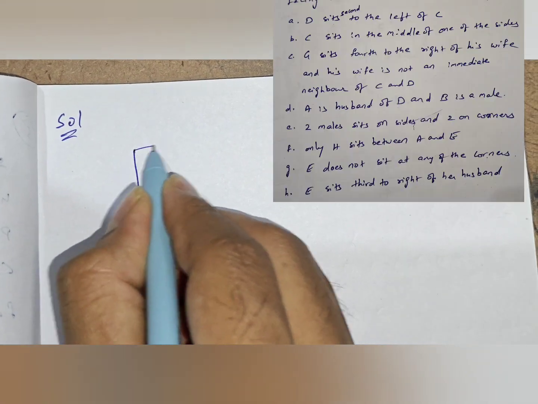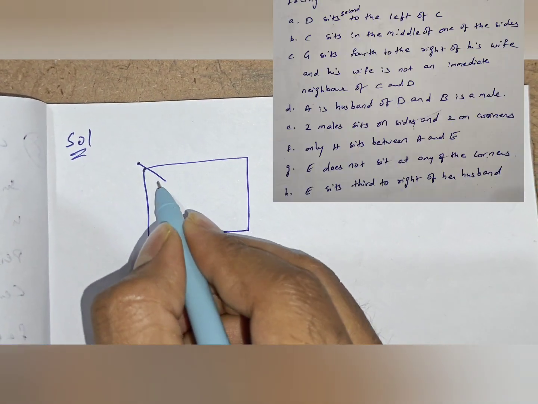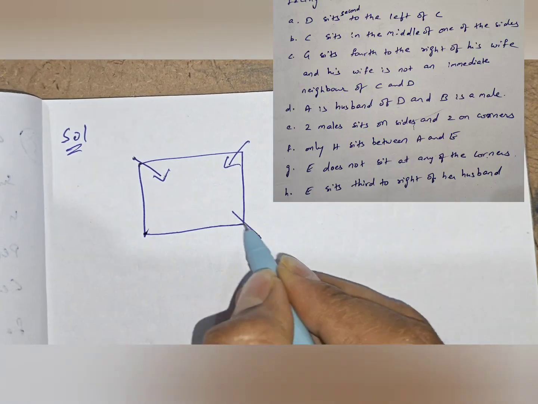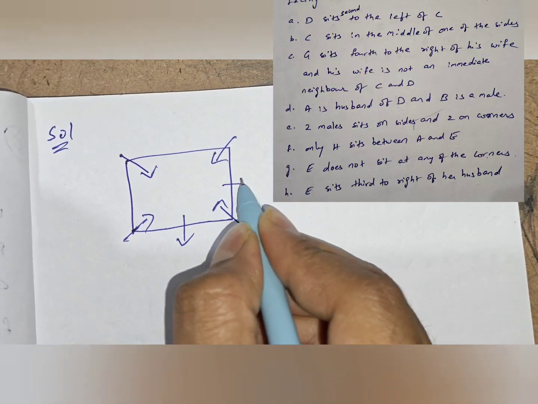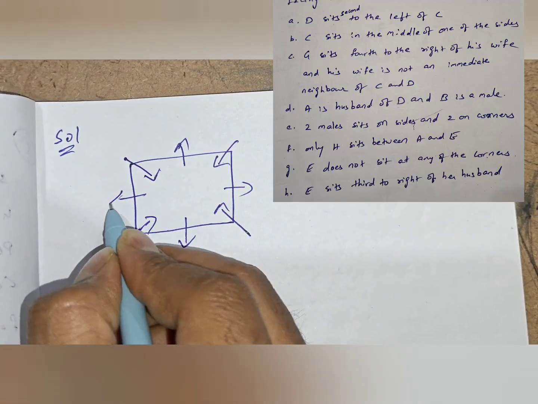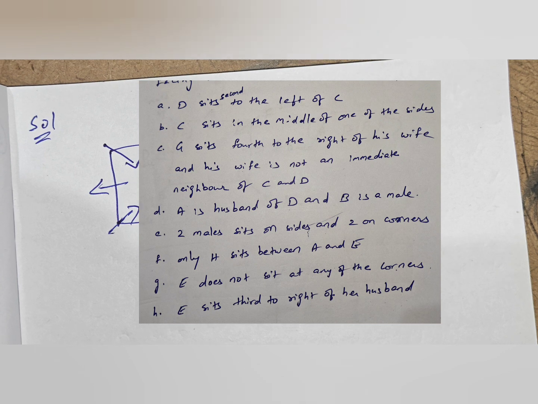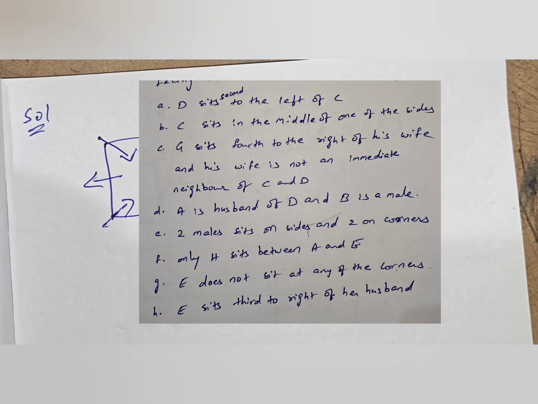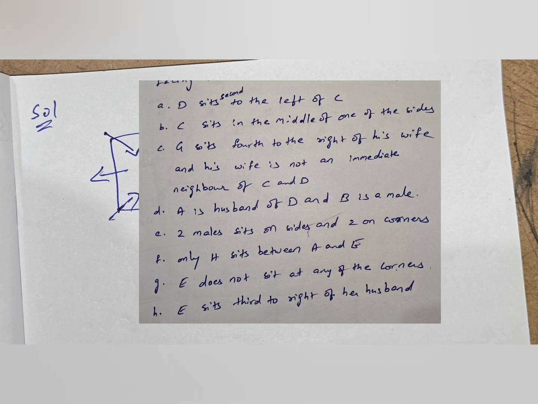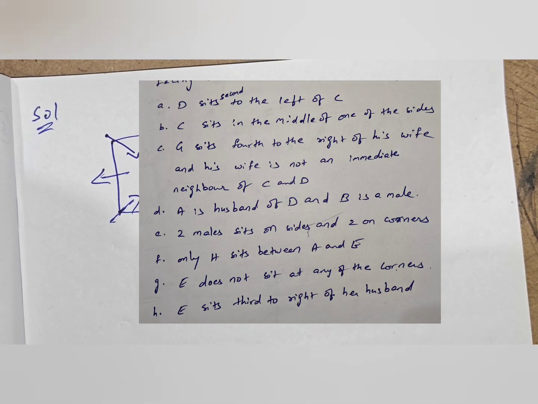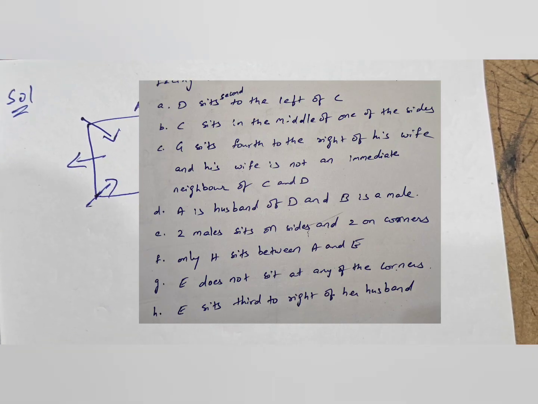Here it is a square arrangement problem where the people sitting towards the corner are facing inside and the people sitting at the sides are facing outside. Here there are multiple statements given. D sits second to the left of C, C sits in the middle of one of the sides, G sits fourth to the right, A is the husband of D and B is a male, and most important, two males sit on sides and two on the corners.